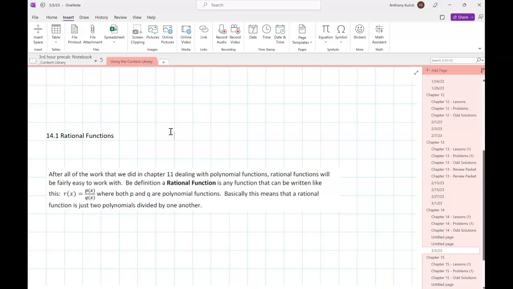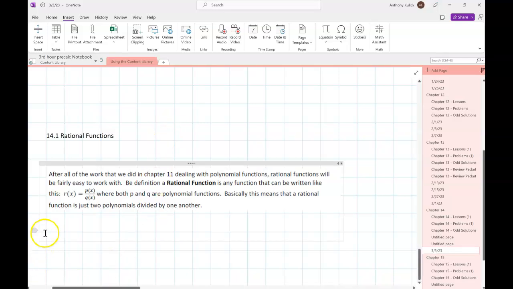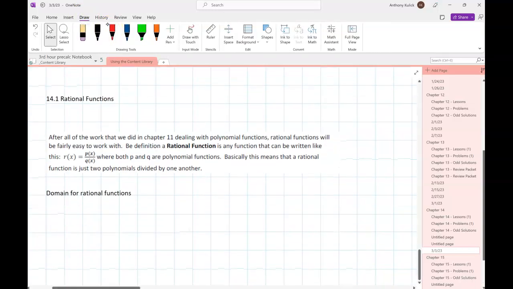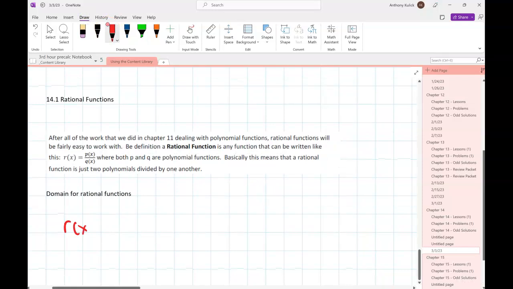It's what we've been solving this whole last chapter, right? All right. So if I have some rational function, P of x divided by Q of x, and I'm interested in the domain for this rational function, let's think about what that is.